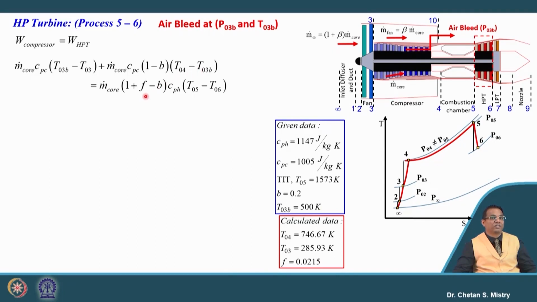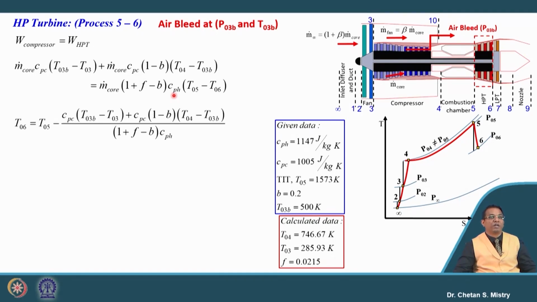Similarly, on the other side for the turbine, we can write m dot core into (1 plus F minus B) Cp (T05 minus T06). Since T03B and T03 are known to us, and T05 is also known, we can calculate the turbine exit temperature.